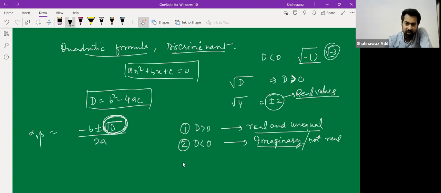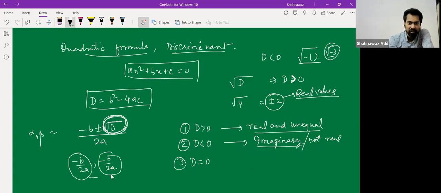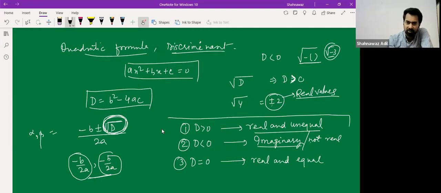And the third one is if D equals 0. If this D is 0, we will have minus b by 2a and minus b by 2a. So this is also real, but they are equal. So if D equals 0, we get real and equal roots. So this was all about the nature of the roots.